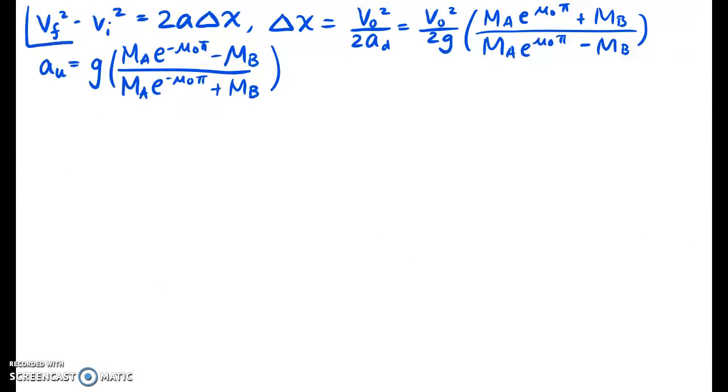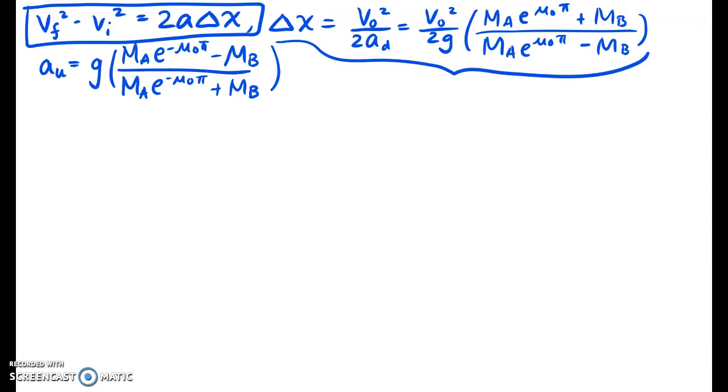So once again, we have our equation relating the initial and final velocities, as well as delta x and A, and we have our delta x from before, but this time realize that delta x is positive, since the motion of B is upwards, and it travels the distance delta x upwards, and the acceleration is also upwards. So delta x is going to have the same sign as the acceleration, namely a positive sign, since they're going in the same direction.